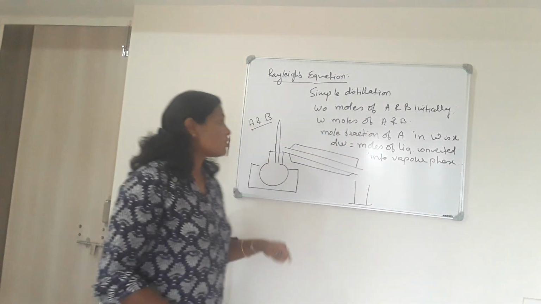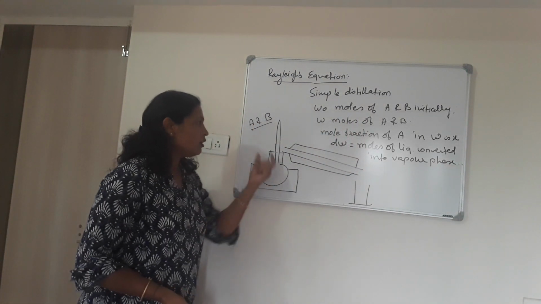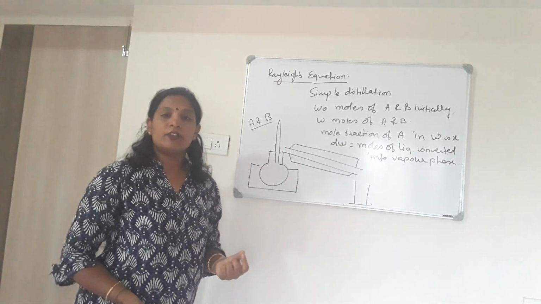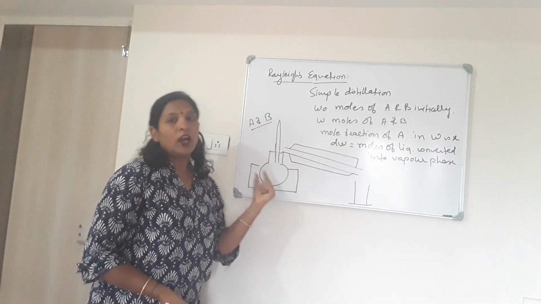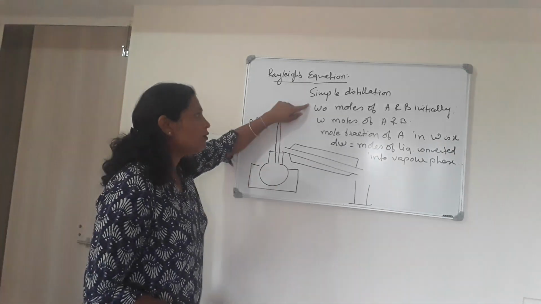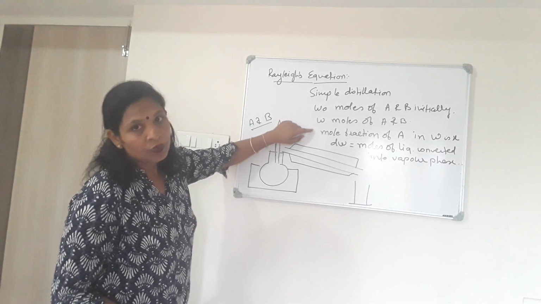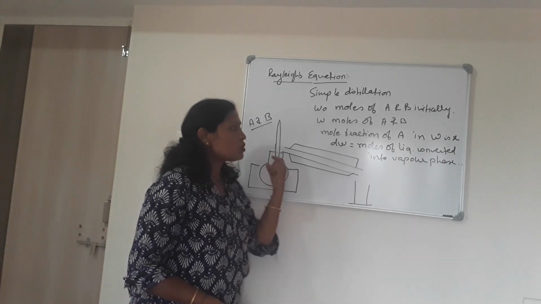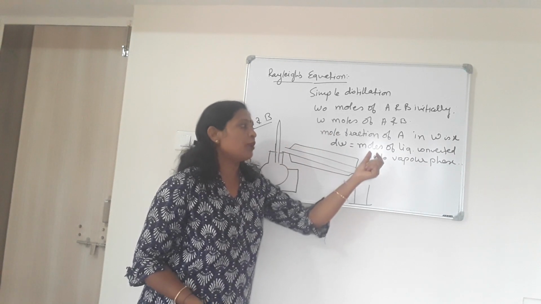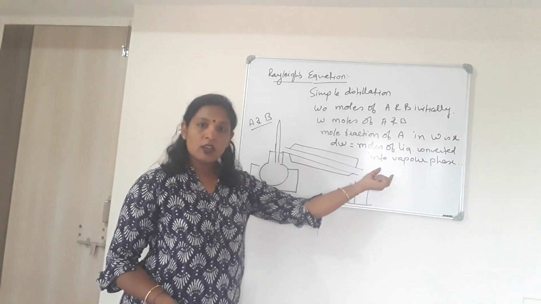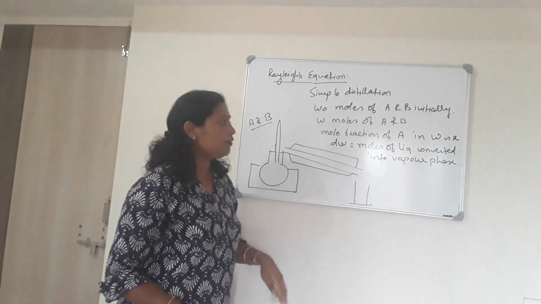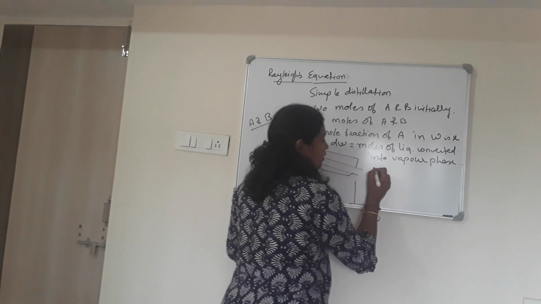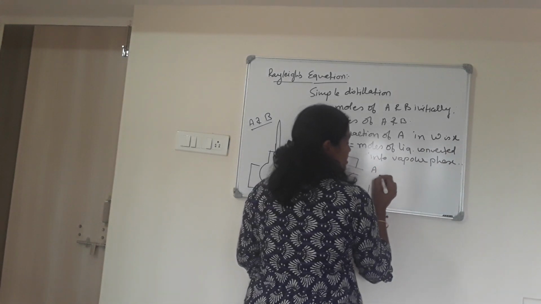Okay guys, is it clear that at first when we started our distillation, W0 moles of liquid were present. After some time, the moles will change from W0 to W. dW parts of liquid are vaporized. So the composition of A will change.